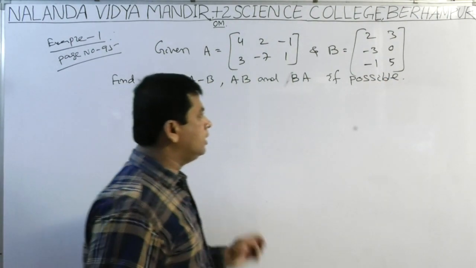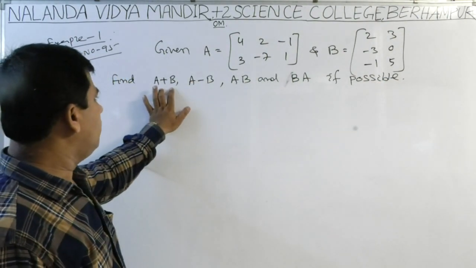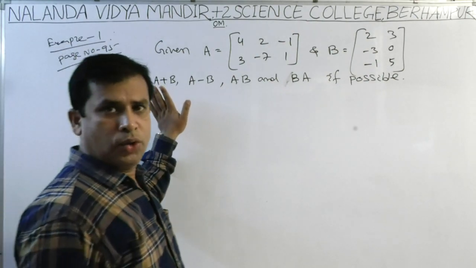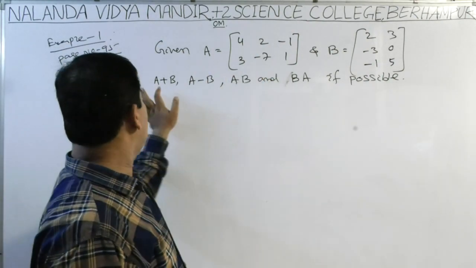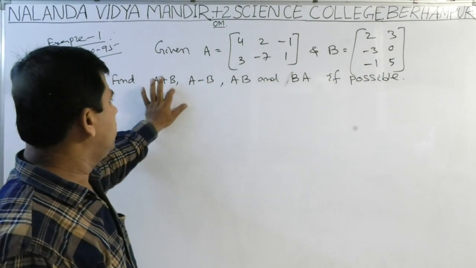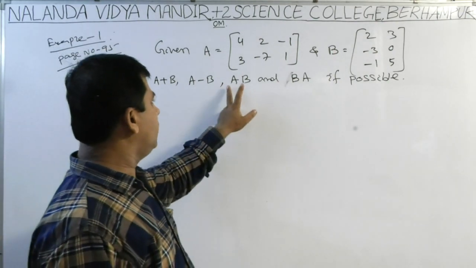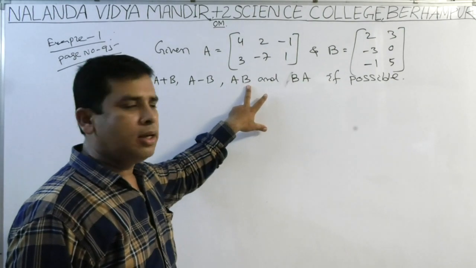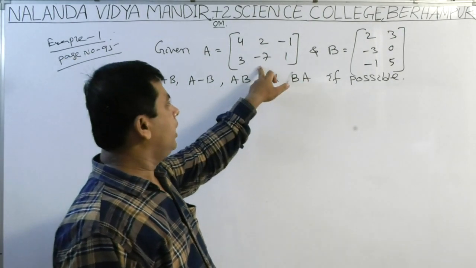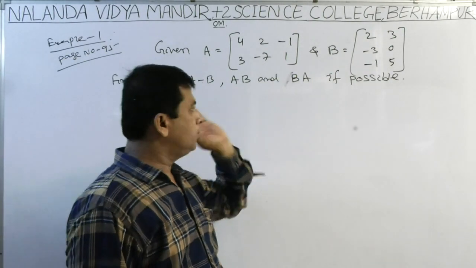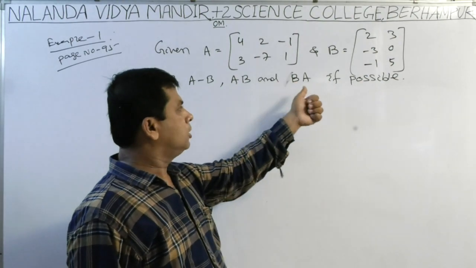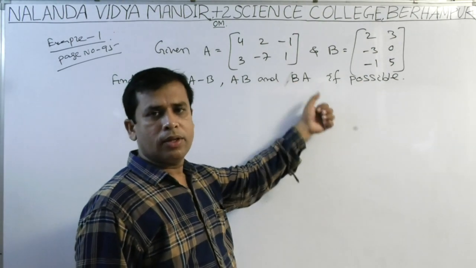That means if you can define A plus B, then find the value of A plus B. If you can define A minus B, then find A minus B. If you can define A multiplied with B, then find it. Similarly, find, if possible, B multiplied with A.